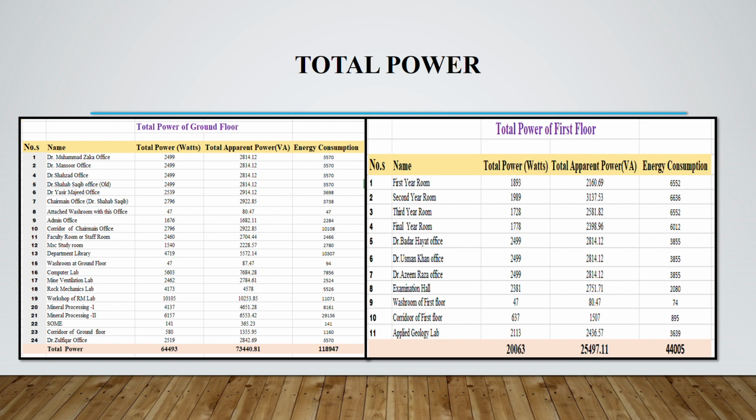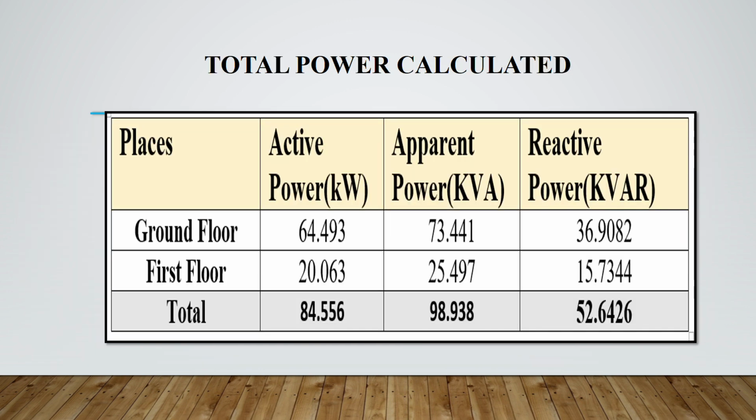Then total power is calculated: active power, apparent power, reactive power. Ground floor power is 73 kVA, first floor power is 25 kVA, so total power is 98 kVA. It means I need 98 kVA power for the mining engineering department.